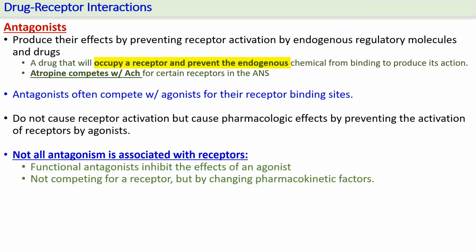For example, the antagonist may slow the absorption of an agonist, may change the pH and neutralize the agonist, or may speed up the metabolism or excretion of the agonist.